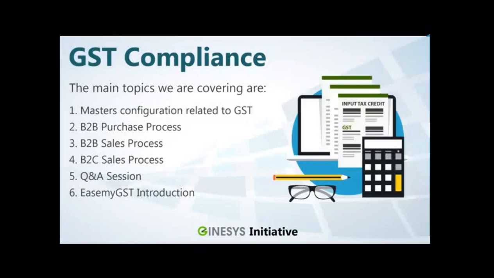That means any matching of invoices will happen at tax amount level. So we need to just see whether the tax rate applicability is right or not. We are not mandated to match the HSN code of the supplier with yours.